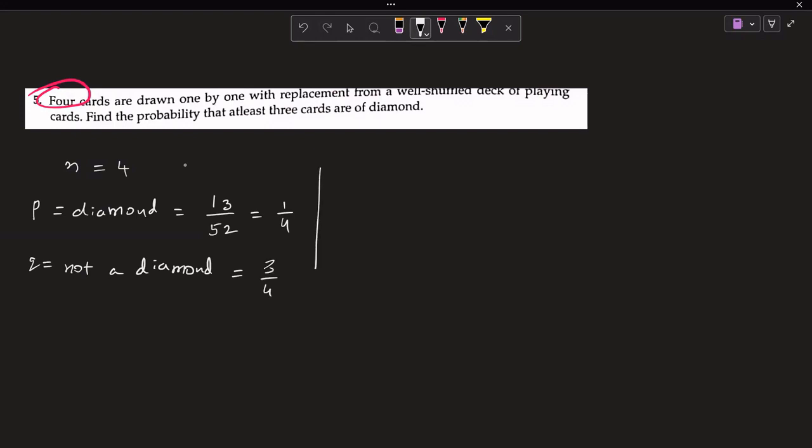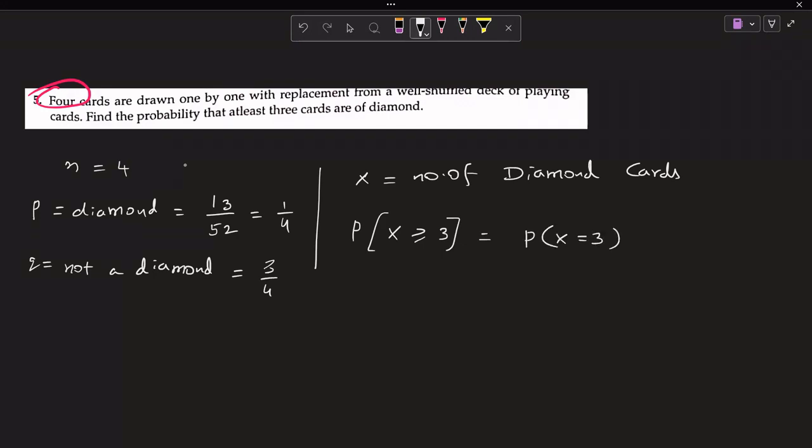So out of 4 attempts, he is asking at least 3 cards are diamond. So X is equal to number of diamond cards. P of X greater than or equal to 3. Diamond cards will be more than or equal to 3. So that means P of X is equal to 3 plus P of X is equal to 4.